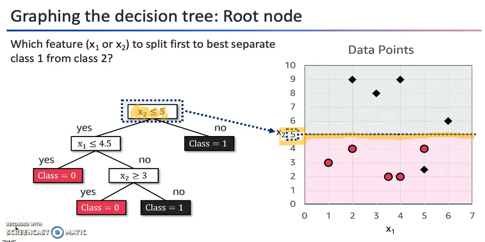Now, one observation is that these two sub-regions are such that the upper portion, which is displayed here with a shade in gray, contains points of the same categorical value. All the points above the value of 5 on the vertical axis are diamonds of color black, and that means they encode the class that has the value of 1, meaning that it was a successful adoption.